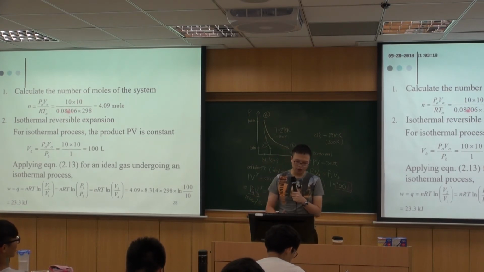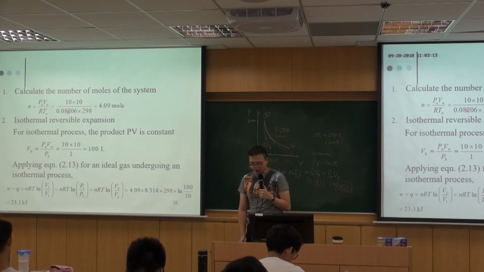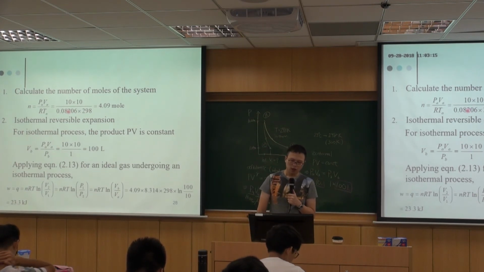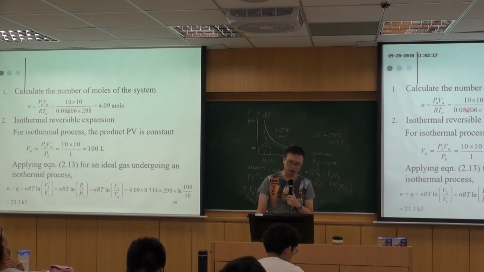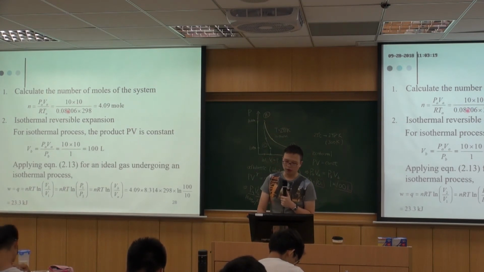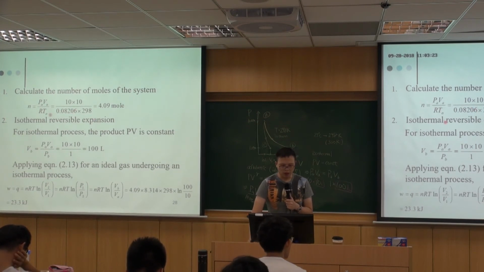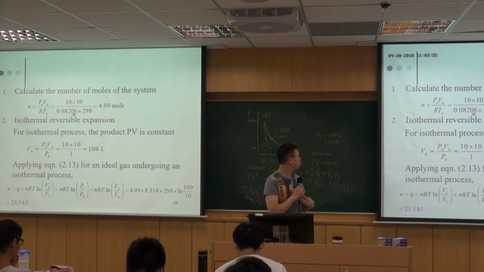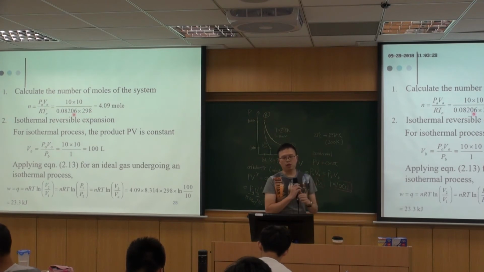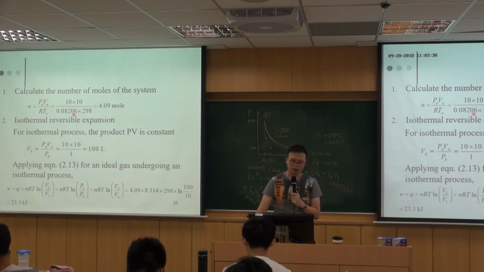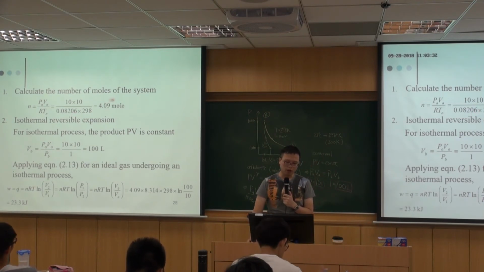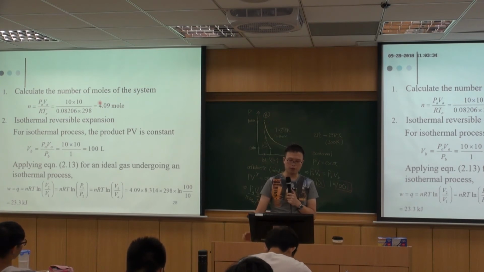If you're using other units, you have to use a different gas constant. But here, remember, we use 0.082. And temperature, again, is 298, like I just mentioned. Don't use 25. And then you'll get the size of the system, which is 4.1 moles.